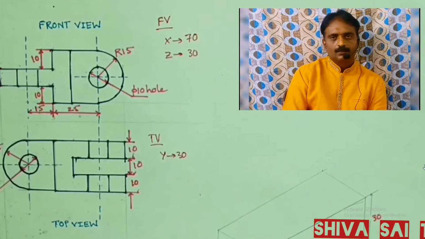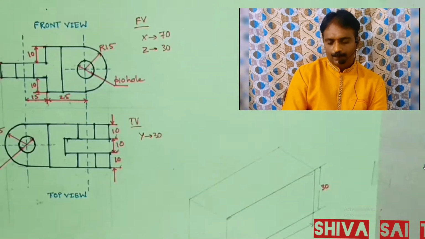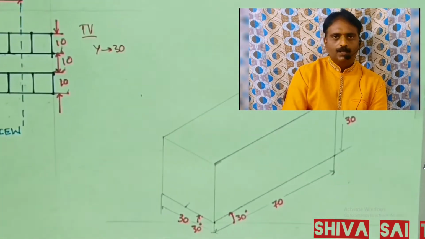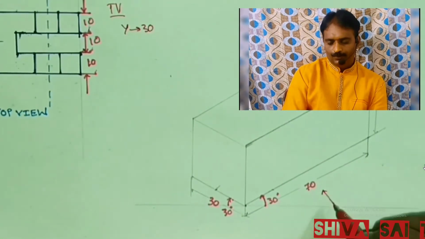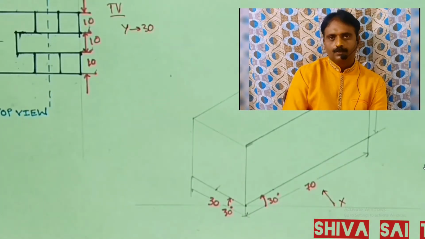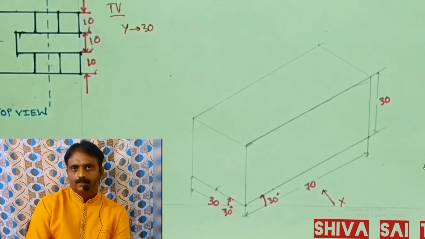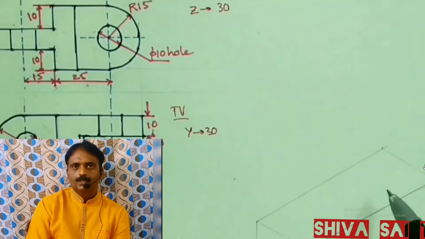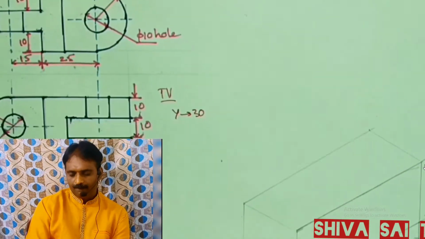With these measurements of X, Y and Z, we have constructed a cuboid in order to develop the isometric view of the object with the given views. So as we have already seen, the X and Y axes are to be represented by making an angle of 30 degrees with respect to the reference line, and the Z axis will be at 90 degrees.